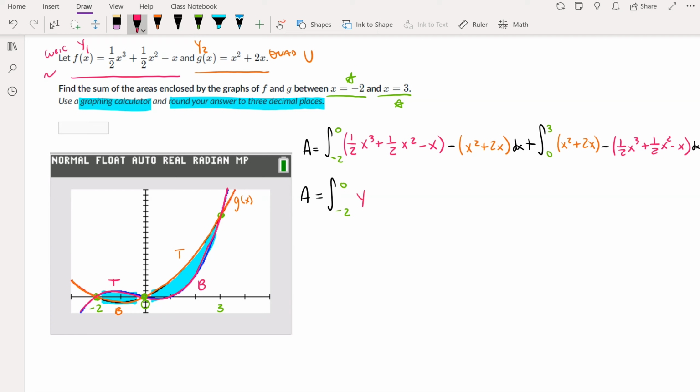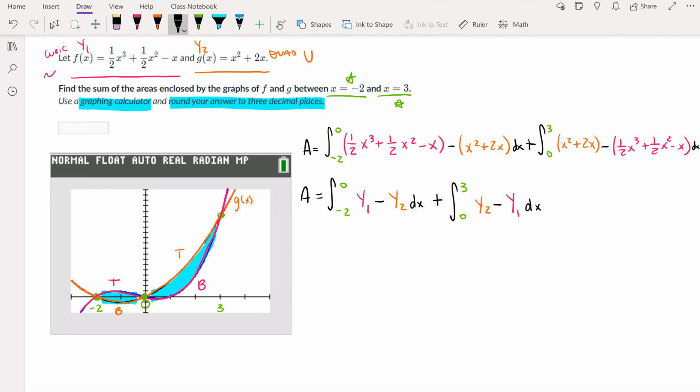We're about to do y1 minus y2 here, and then plus the integral from 0 to 3 of y2 minus y1. I forgot my dx. You can actually type this in your calculator instead of having to type all of that other stuff out. So let me show you how to do that. This is going to be a huge time saver on the AP exam.